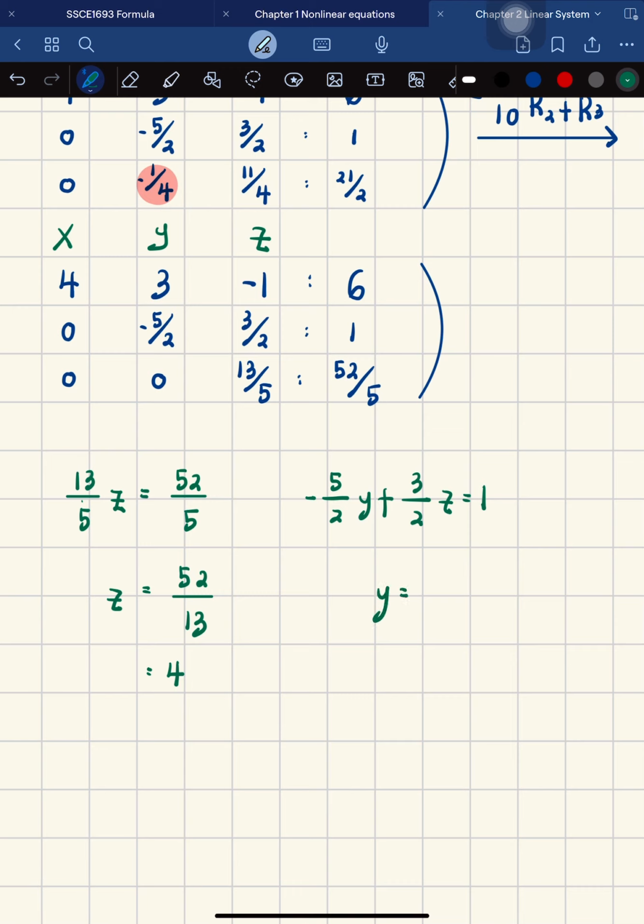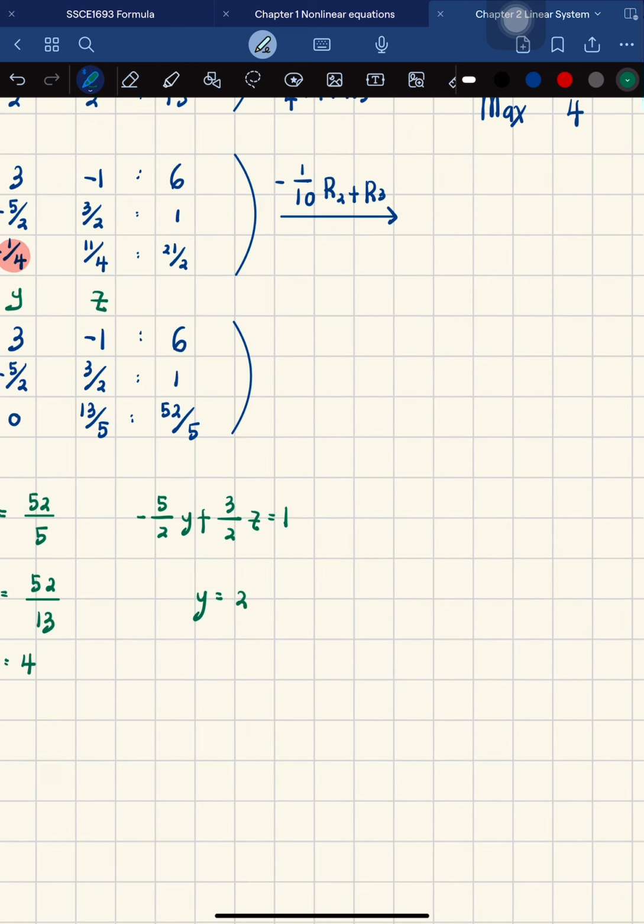So y equal to 1 minus 3 over 2 z, and then times 2 divided by negative 5. So negative 2 over 5.